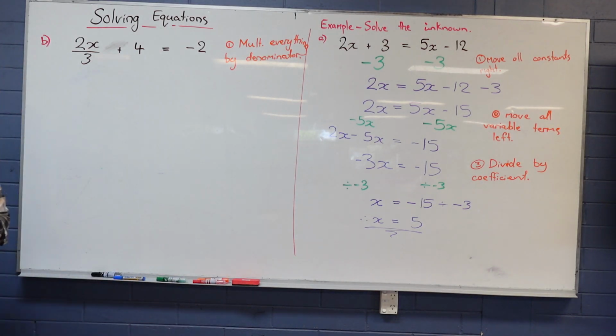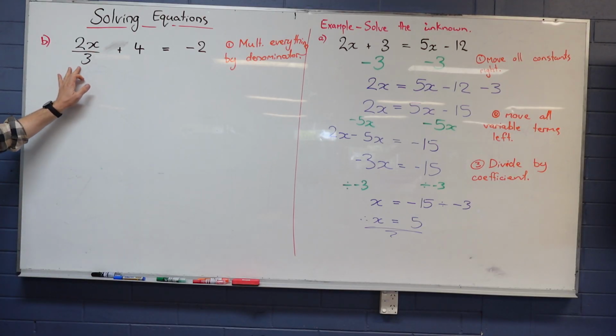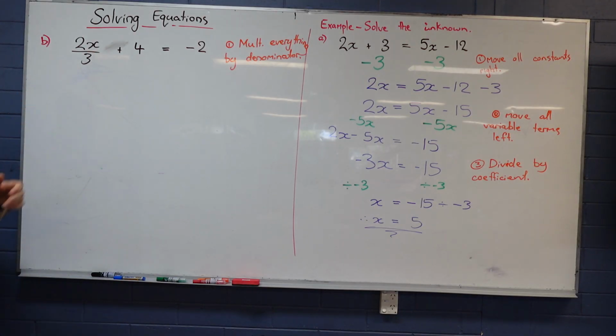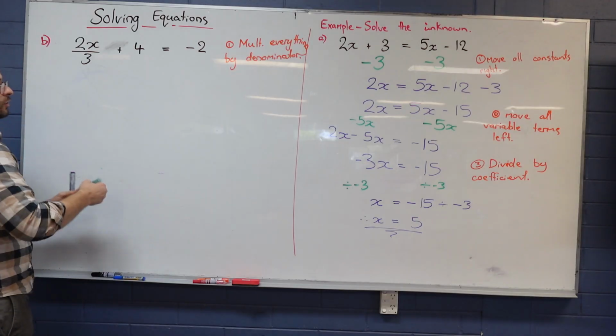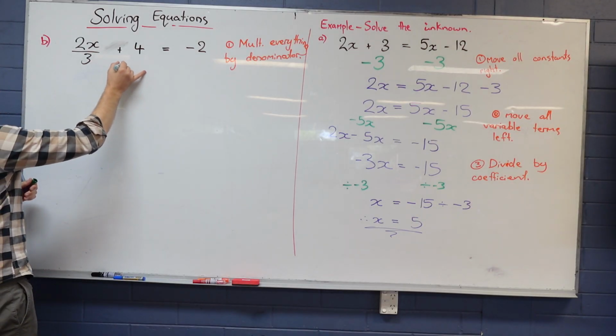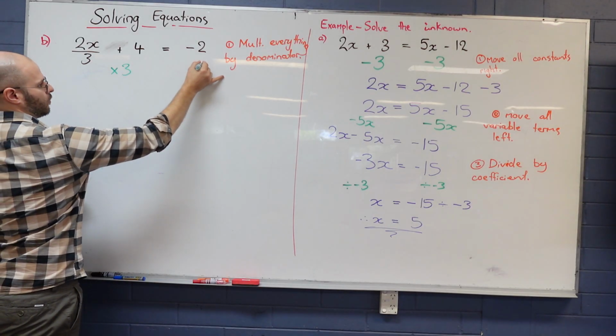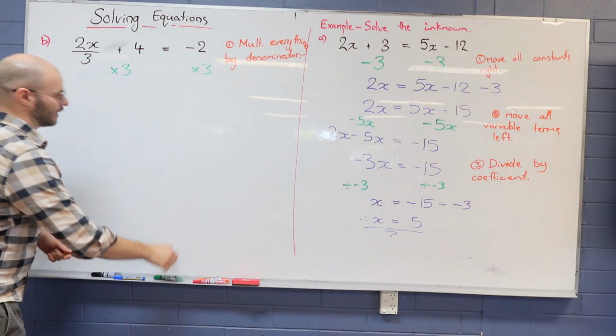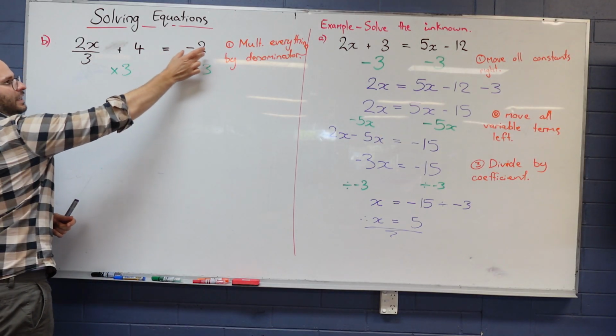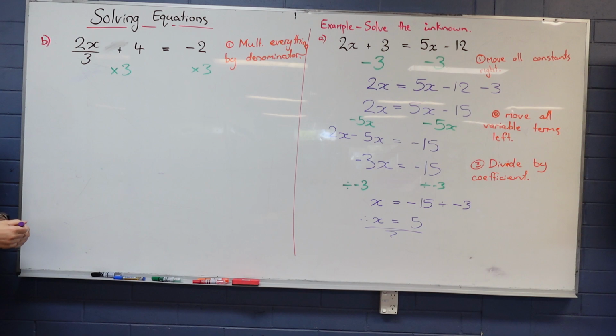Now looking at this, Saria, what's our denominator in this example? 3. So what we're going to do is multiply both sides of our equation by 3. And when I say we multiply both sides, each term is going to get multiplied by 3.